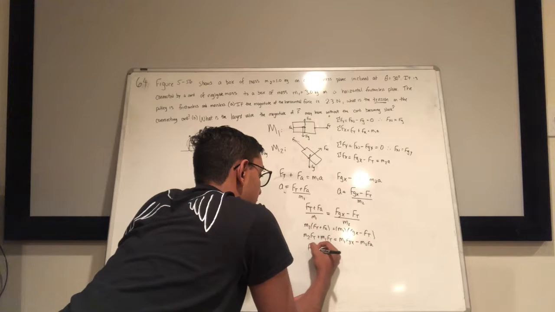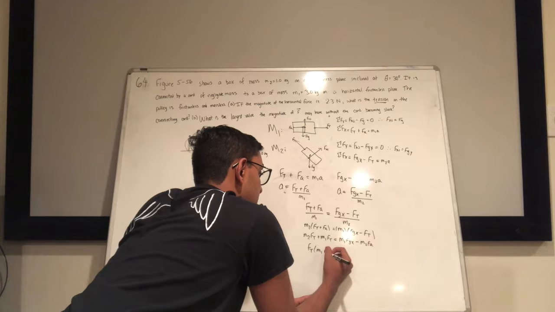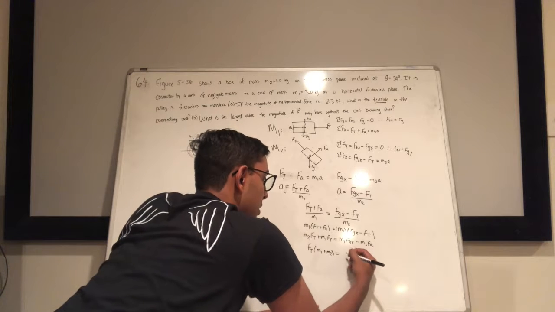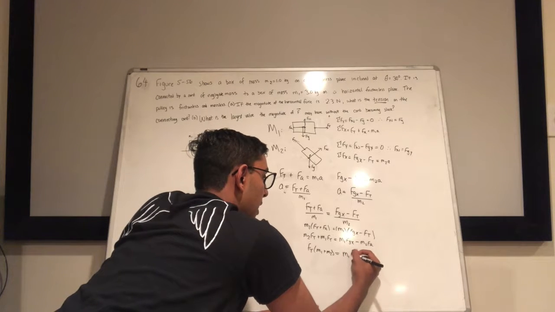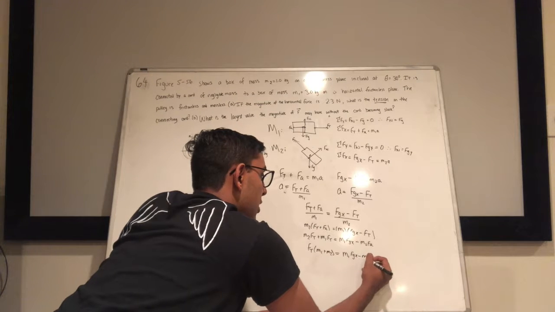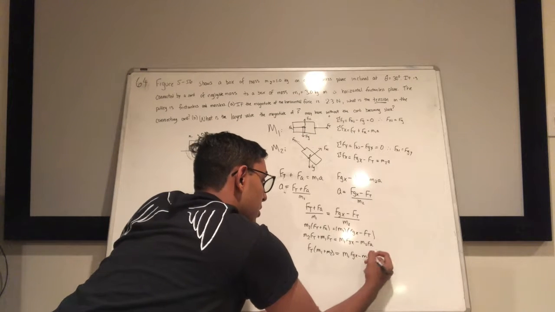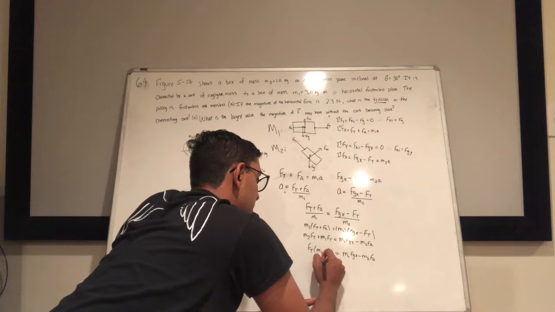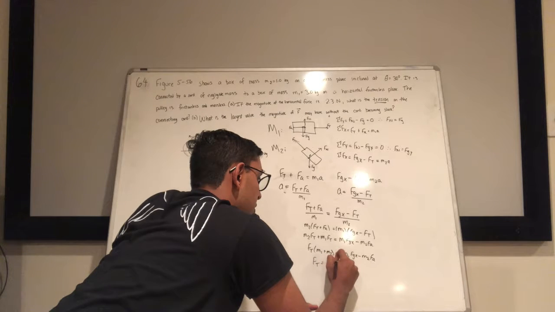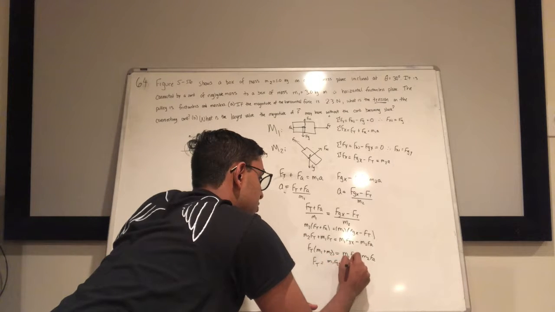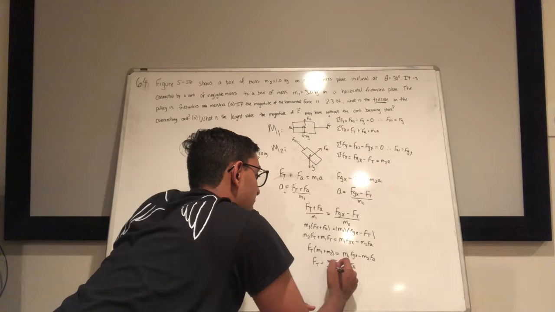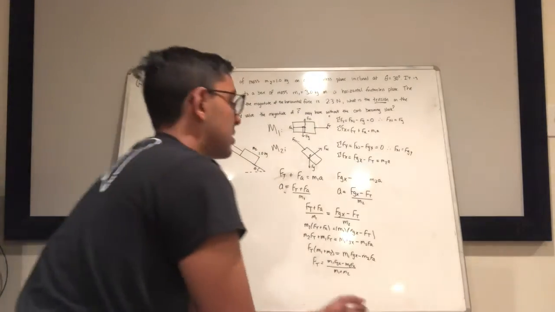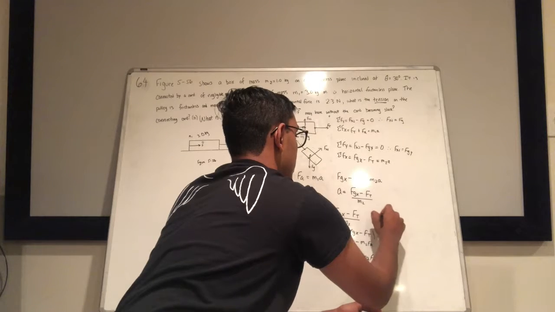So now we have Ft times M1 plus M2 is equal to M1Fgx minus M2Fa. So we know that Ft is equal to M1Fgx minus M2 times force applied, divided by the sum of the two masses. So now let's plug in all our values and solve.